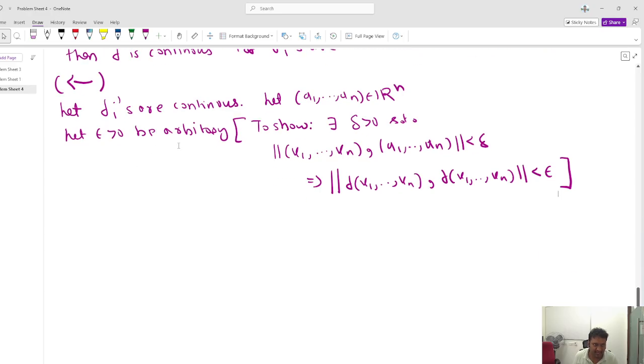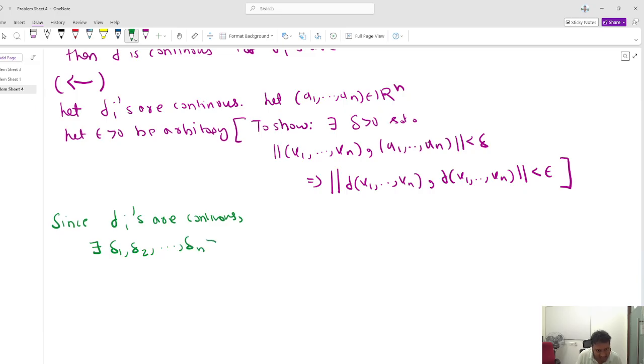Now your epsilon is arbitrary and you are given that the fi's are continuous. So let us proceed. Since the fi's are continuous, there exist delta 1, delta 2, up to delta m bigger than 0 such that something will happen, right? What will be that something?